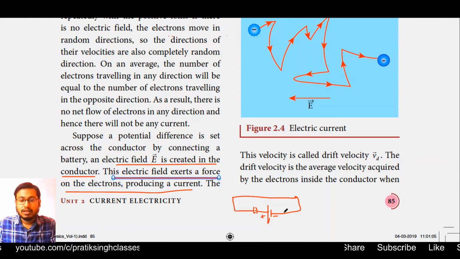So here the electrons will come out of the negative terminal of the battery and push the free electrons available in the conductor in the forward direction. So an anti-clockwise flow of charges happens, because of the electric field exerting a force, and that produces current in the conductor.